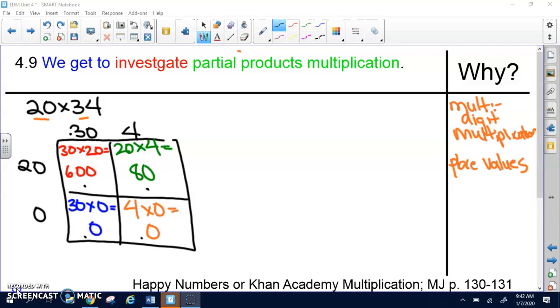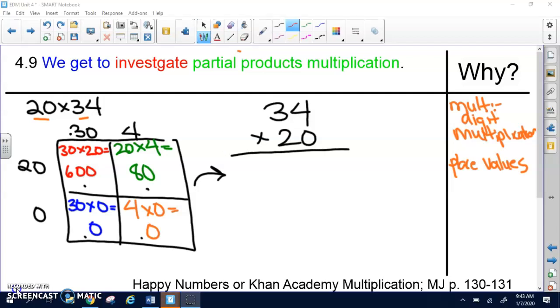Now what you're going to do, you're going to transfer this into not having to build this rectangle, but understanding that what you're doing is multiplying all the place values by all the place values in the different digits. What we call partial products multiplication. So you're going to get 34 times 20. And I believe this is the way you're going to build it in this partial products multiplication.